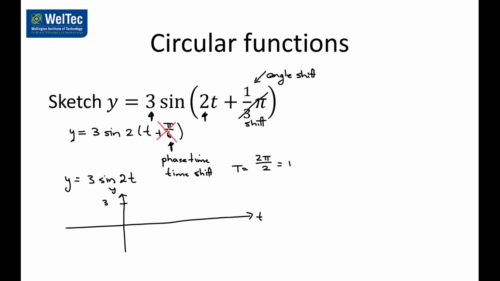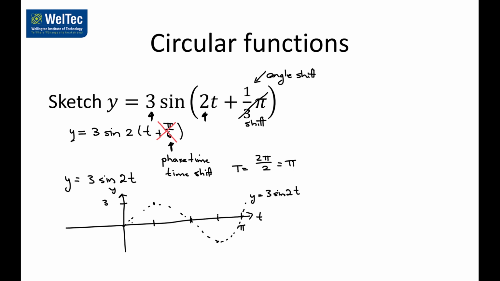Now we need to divide pi into 4, because our sine curve has a peak, a 0, a trough, and a 0. Now that is just the curve of 3 sine 2t.